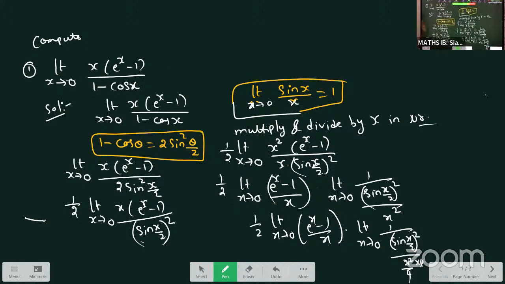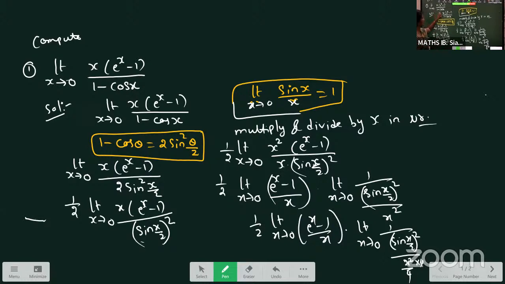Just take one term, separate it from the limit and convert it like a formula, so that easily you will be getting the solution. Go through the question again.